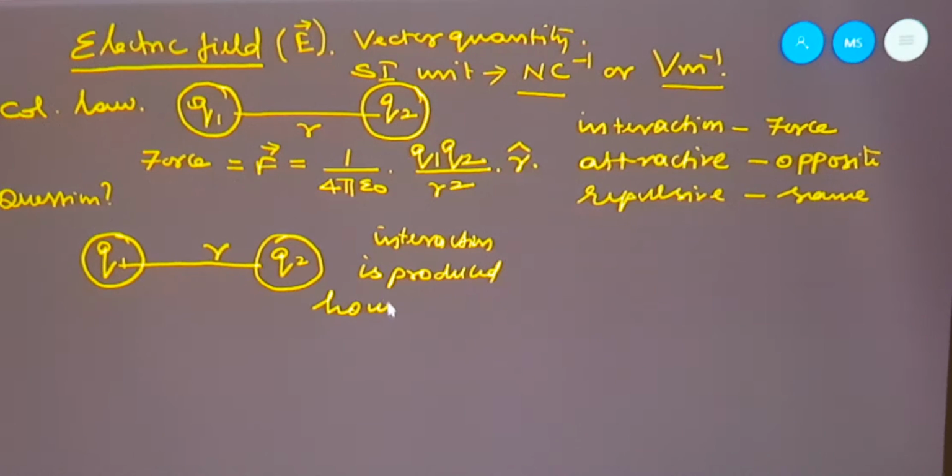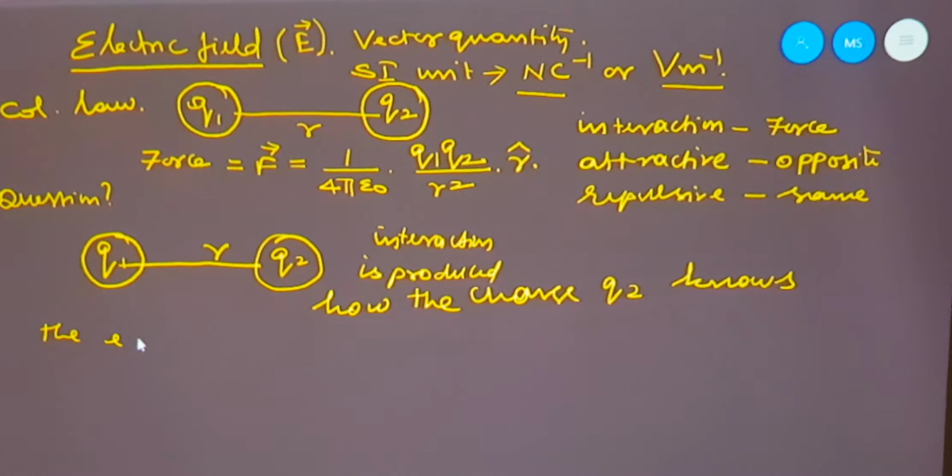How does the charge Q2 know the presence or the existence of Q1, so that it is able to interact?